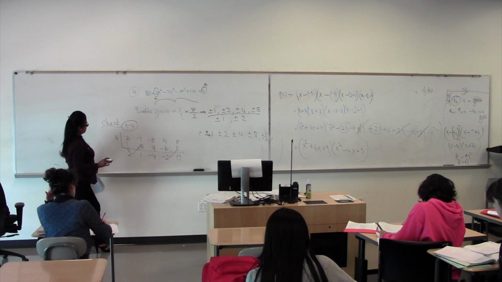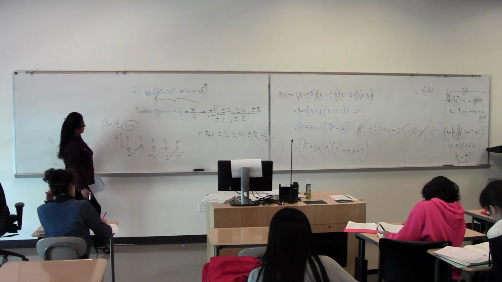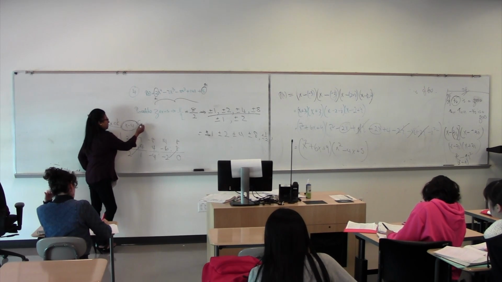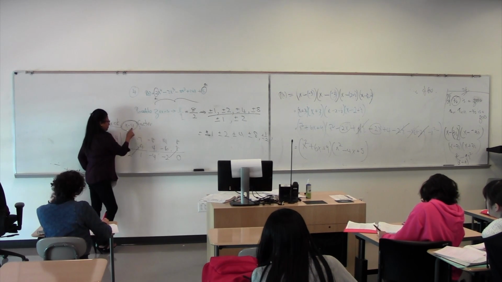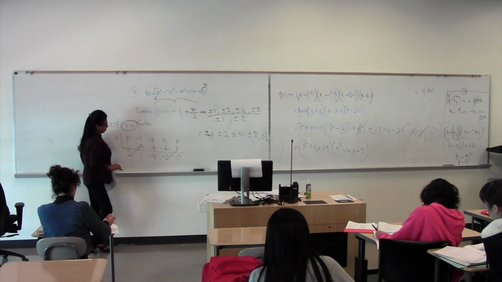Okay, so what happened here? x minus 4 is a factor, right? 4 is a 0, so x minus 4 is a factor. When this is a factor, we need to take the opposite of this, right? And the other one is minus 1.